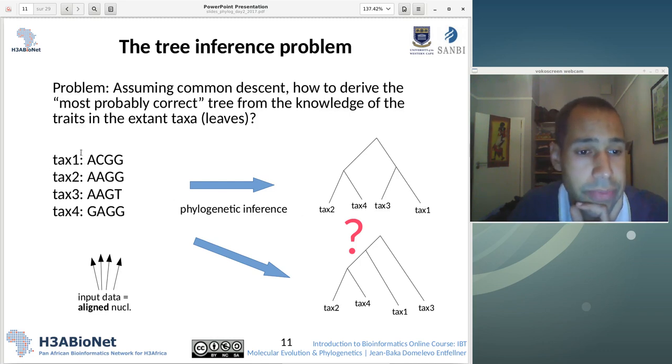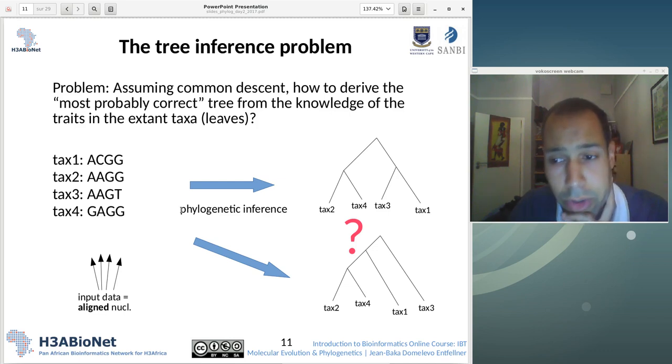If I have this alignment as input data, aligned nucleotides, what can I infer in terms of the most probably correct phylogenetic history or evolutionary history?